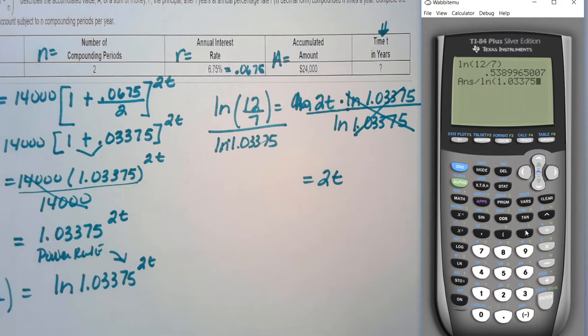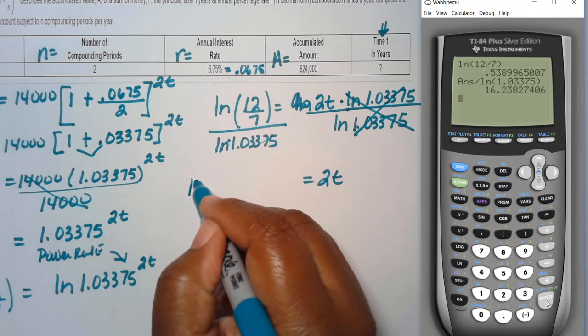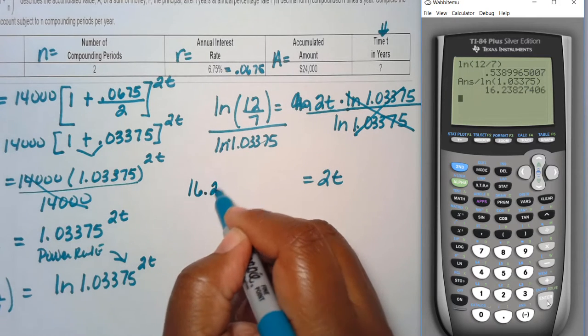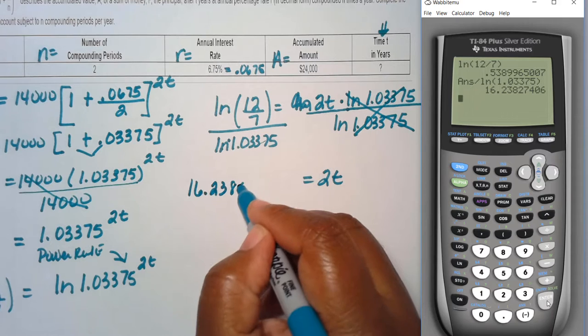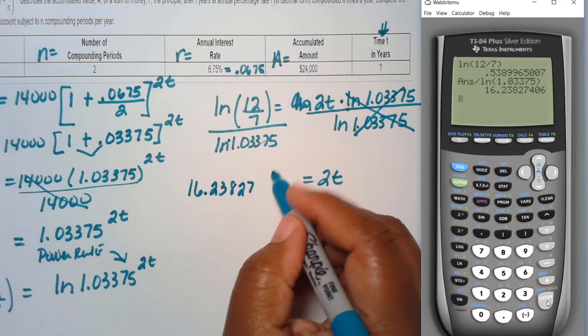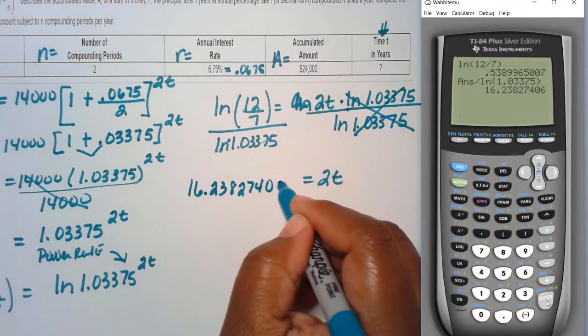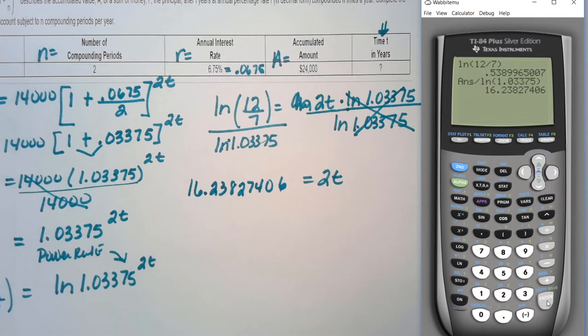I'm going to close it and press enter. So this is the value that we get, 16.23827406. In these types of questions, do not round as you're working the question out. You will round at the end.